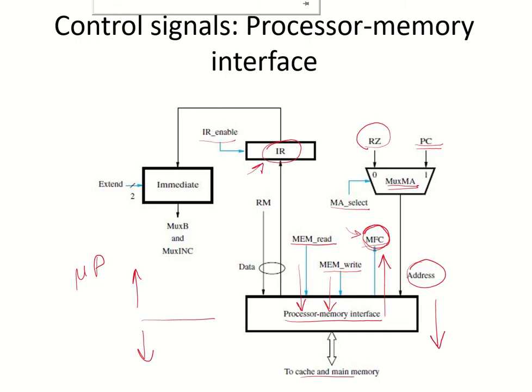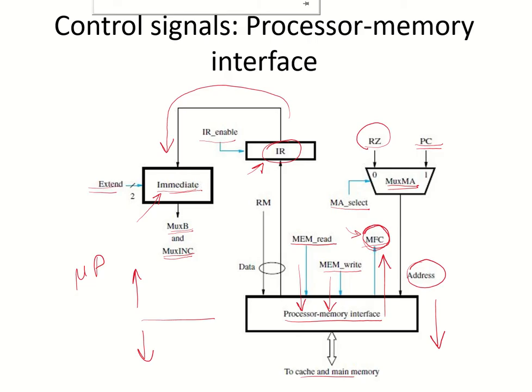From this instruction register, if required, the immediate offset will also be extracted and sent to the multiplexer B if it is required for a computation, or it will be sent to MUX INC of the address generator of the program counter in case it is a branch instruction, and this immediate refers to an offset which has to be added to the program counter.